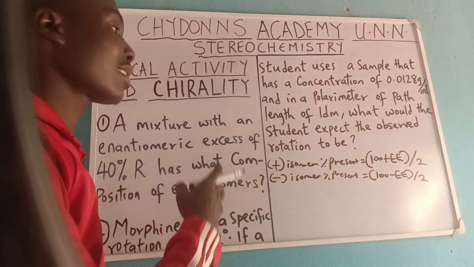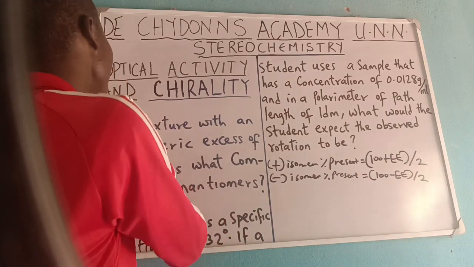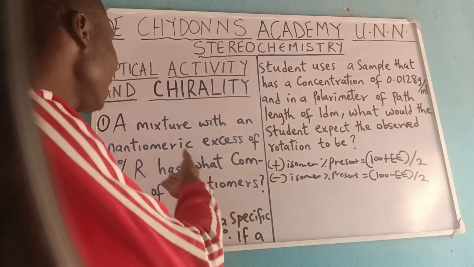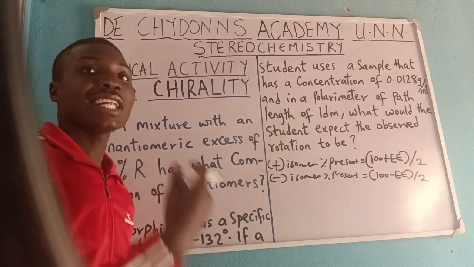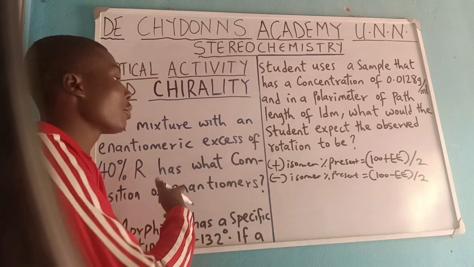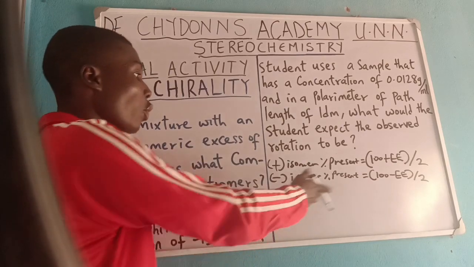So let us solve it now. We already have 40% of R. Since we have 40% of R, it simply means that R is the one that is in excess. So for us to know the amount of R present, we are going to solve now.